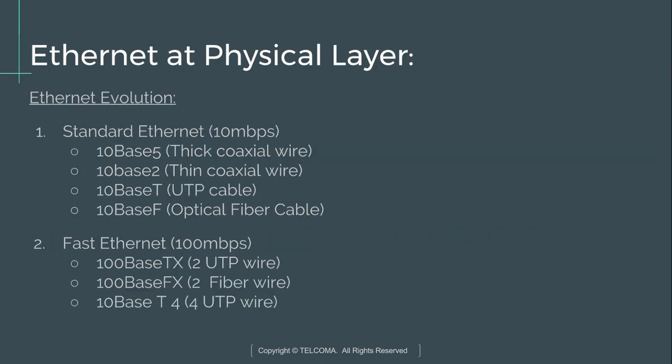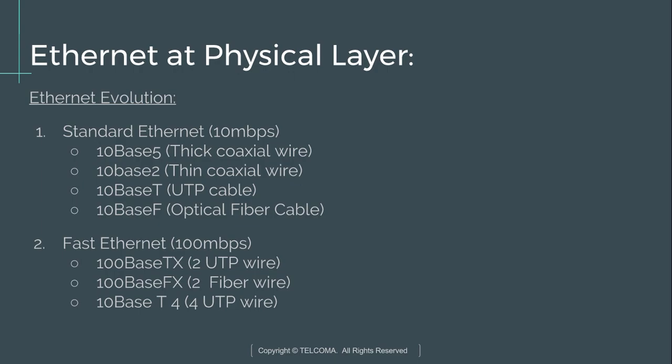So next is the evolution of Ethernet. How does Ethernet evolve? The first Ethernet is standard Ethernet, and its speed is 10 megabits per second. The types of standard Ethernet are 10 base 5, 10 base 2, 10 base T and 10 base F cables. The next evolution is fast Ethernet, and its speed is 100 megabits per second.